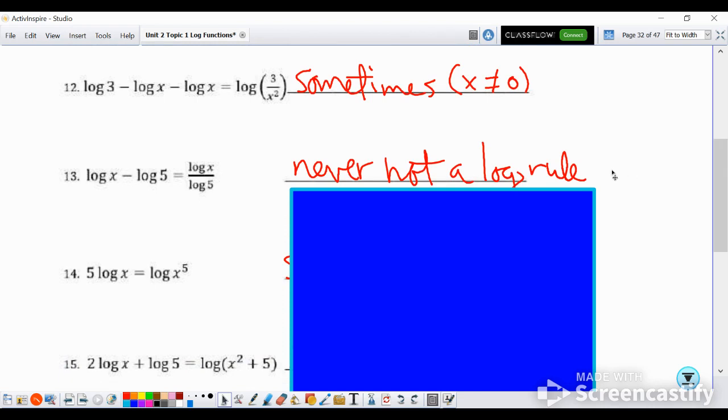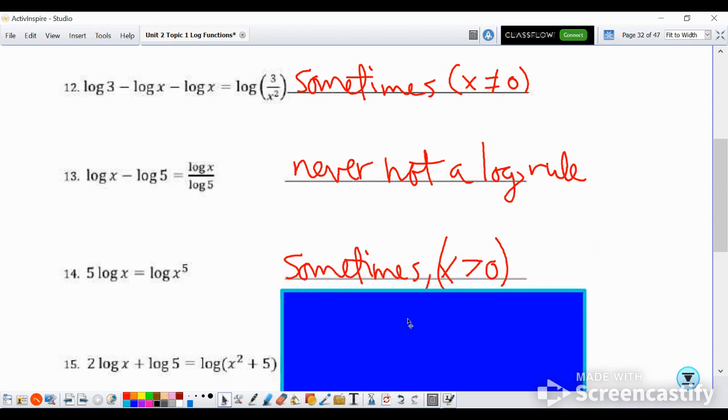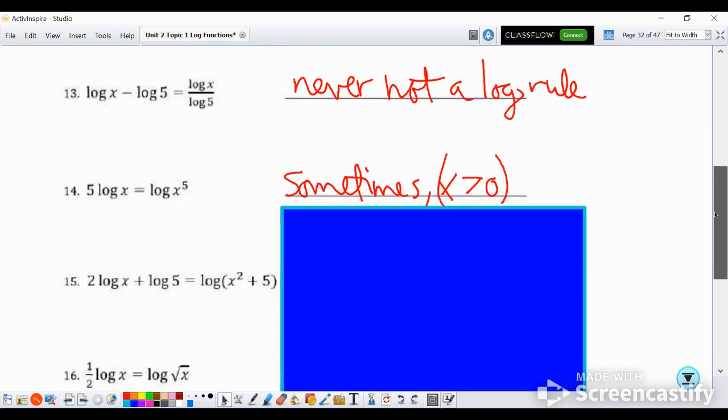But 13 is never, because that's not the log rule, or it's mixing two log rules together. 14 is just the power rule. And again, we're just saying sometimes, because once again, your argument cannot be negative or 0. So you must define the domain as, yes, it's true as long as x is greater than 0.